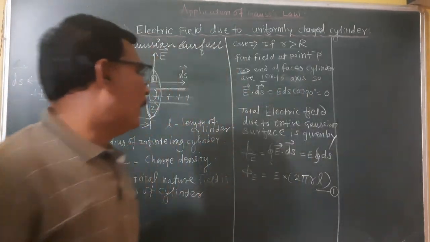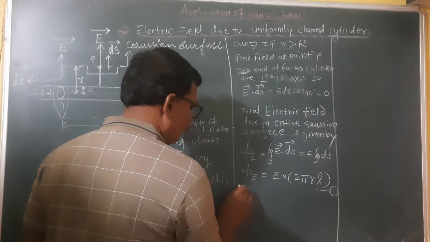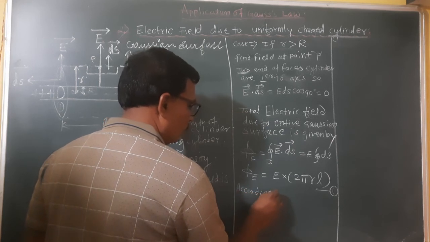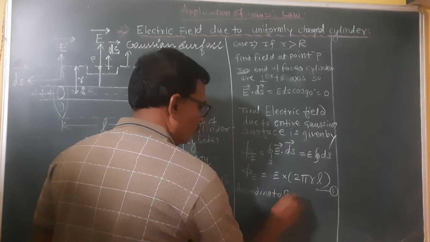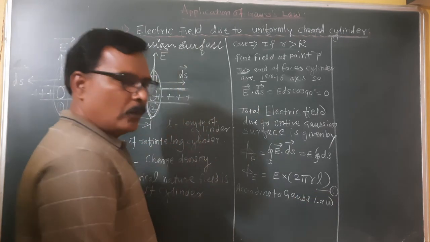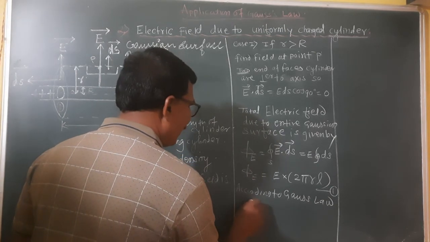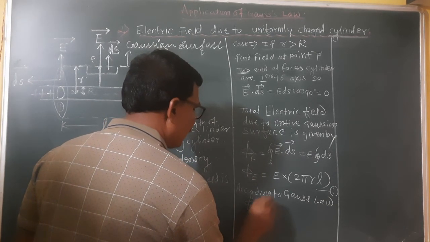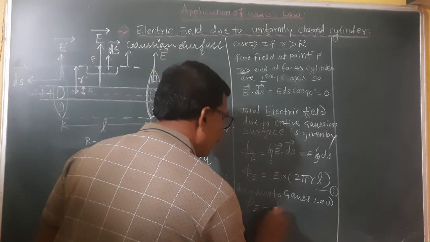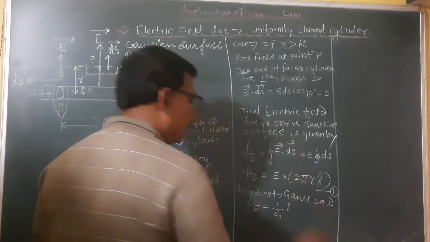After that, according to Gauss law, the electric flux of a closed surface is equal to 1 upon epsilon 0 times the total charge enclosed in that surface.